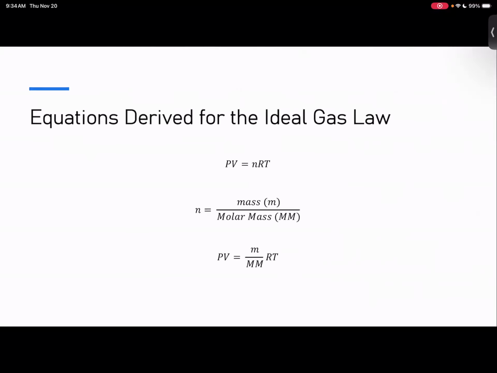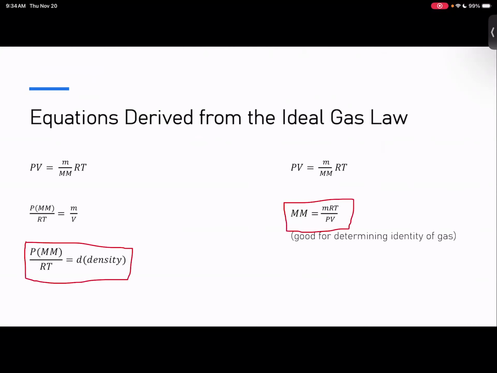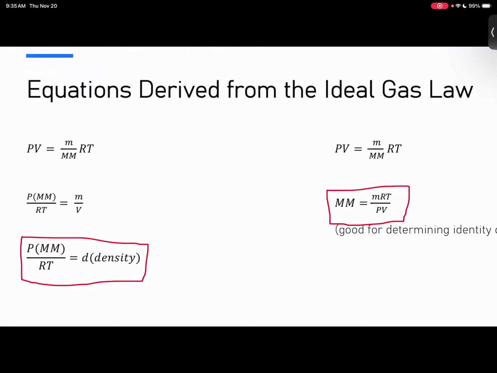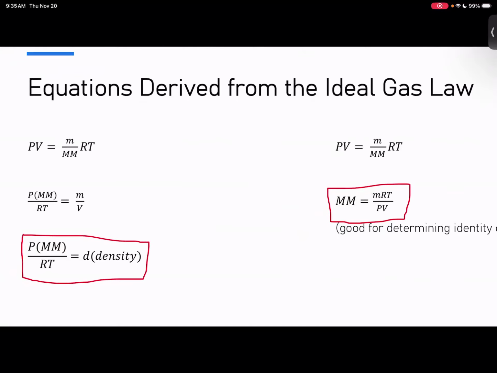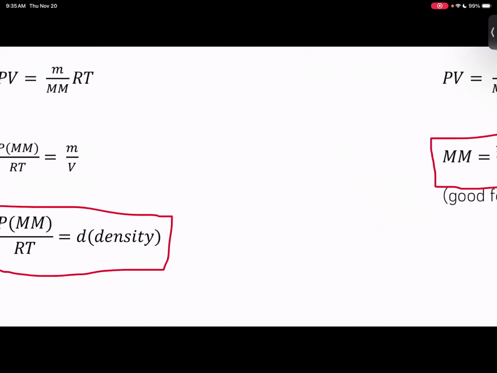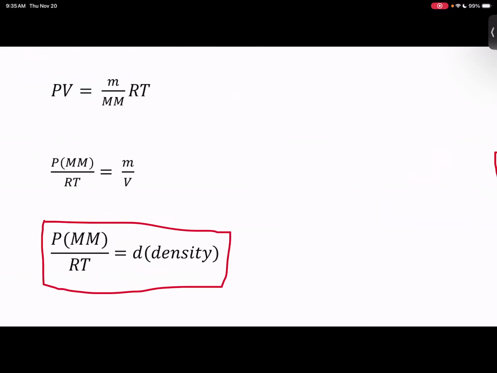Now there is a fourth that we can calculate as well. On the right-hand side, I get into the molar mass, which is great for determining the identity of the gas. But on the left-hand side, I give you another one we can calculate by doing that substitution. So PV equals mass over molar mass times RT.